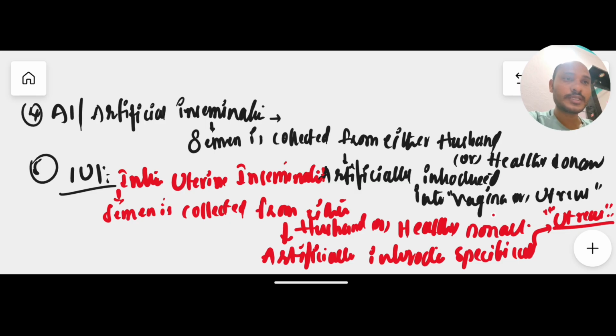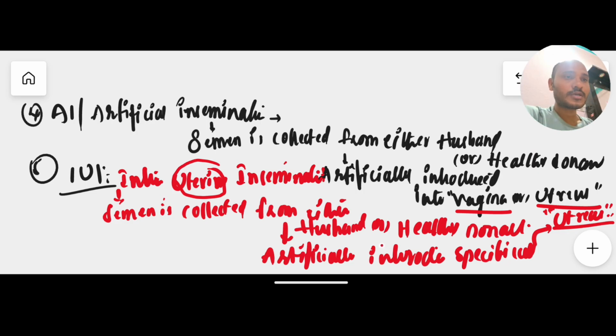In AI we can introduce semen artificially into the vagina or uterus, but IUI is especially designed to introduce semen into the uterus only. That is the major difference between artificial insemination and intrauterine insemination. The name itself suggests it: intrauterine means inside the uterus, so only in the uterus do we directly and artificially introduce the semen.